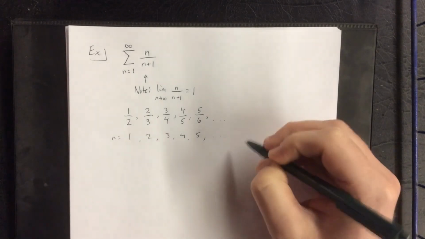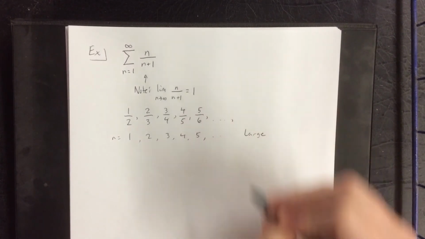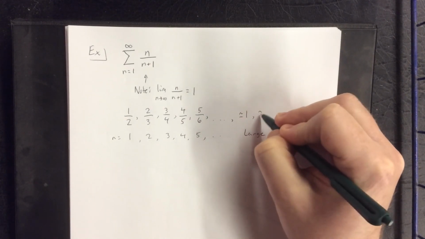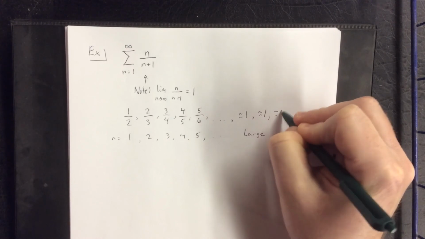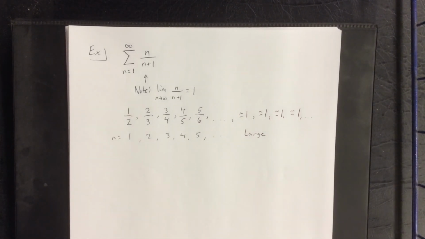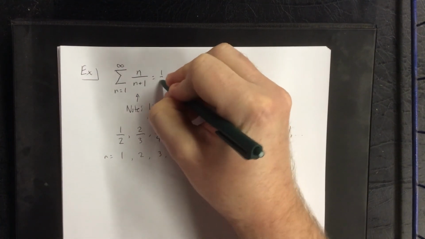What happens is that as n gets large, essentially what goes on with your sequence is basically 1, basically 1, basically 1, and so forth. Now the reason that that's an issue for a series is due to the following. We're adding all of these terms.